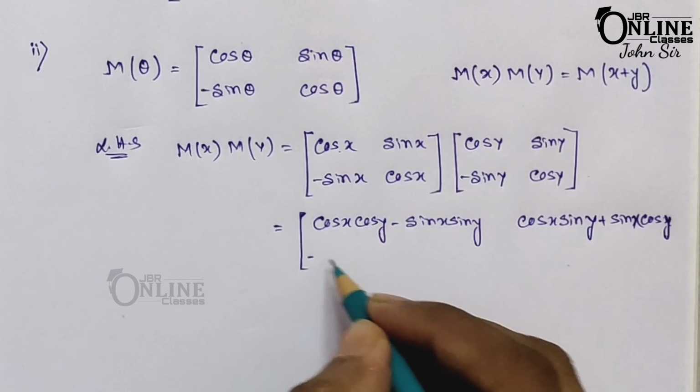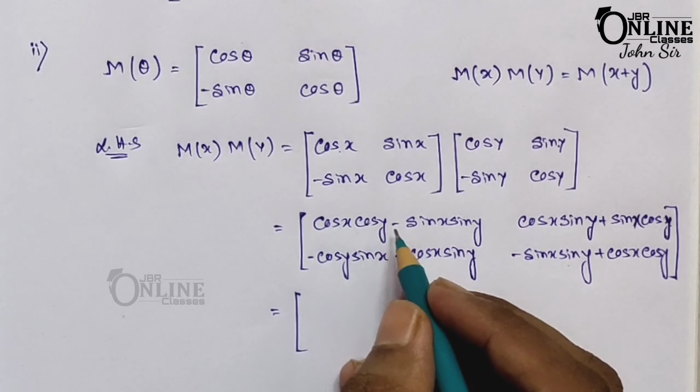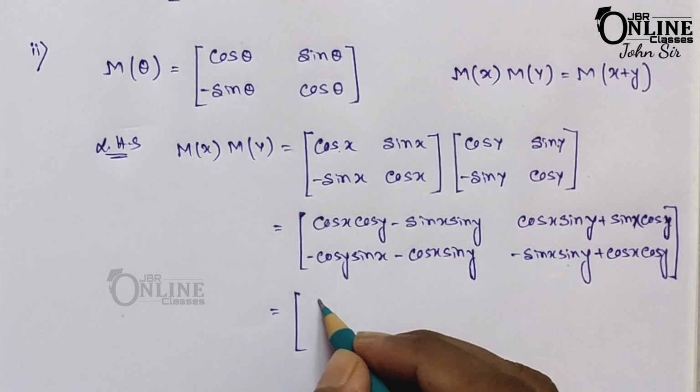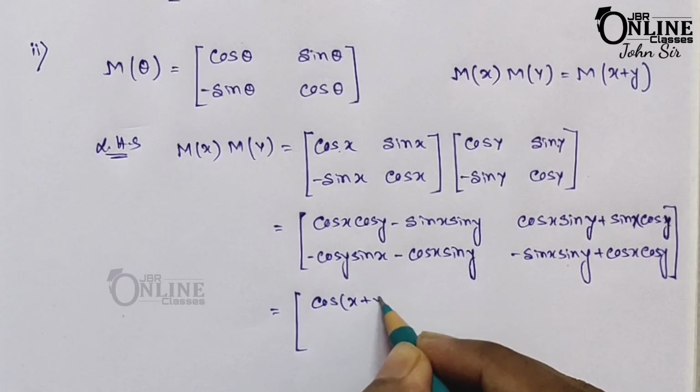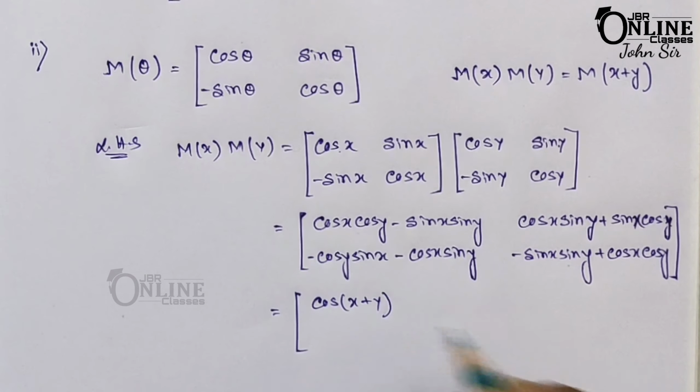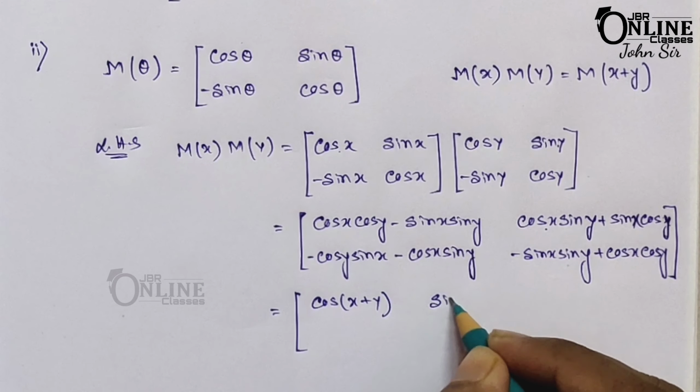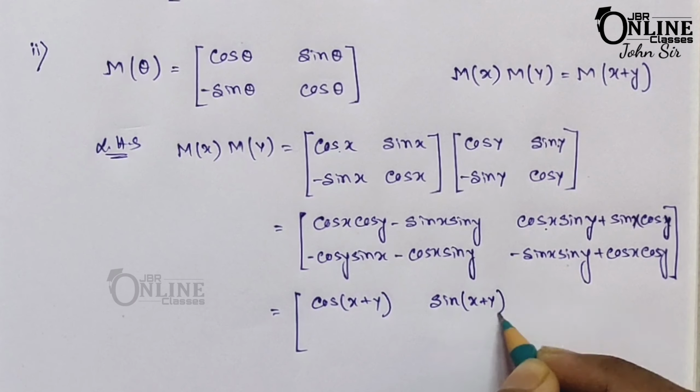So here the first one, cos x cos y minus sin x sin y, is the formula of cos of x plus y. Next one, cos x sin y plus sin x cos y, is the formula of sin of x plus y.